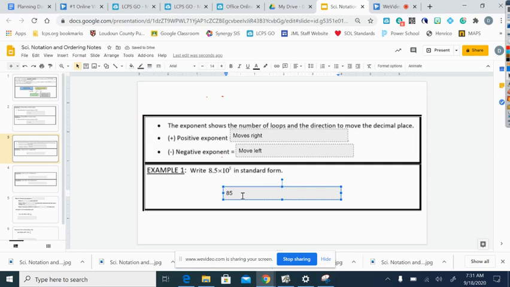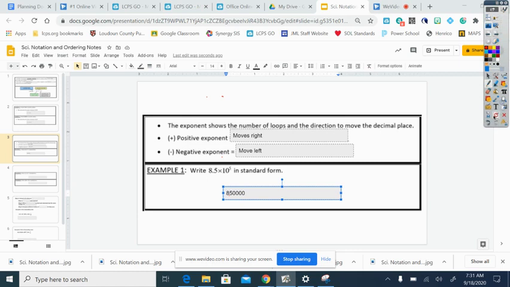Every time I keep moving it to finish those 5 hops, I need to add a 0 because there's no number over there. So I started with my decimal in between the 8 and the 5, and I hopped 1, 2, 3, 4, 5. So you would end up with 85,000.